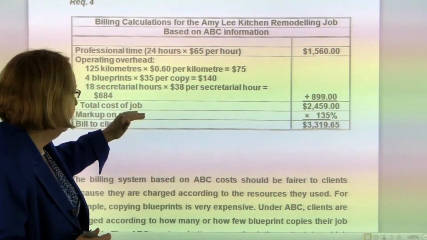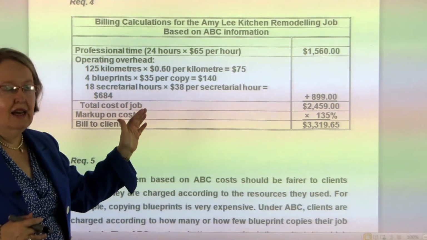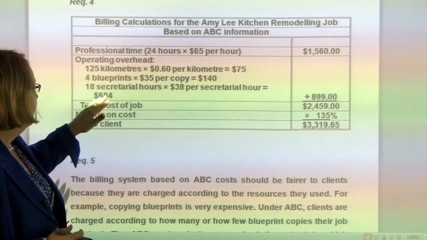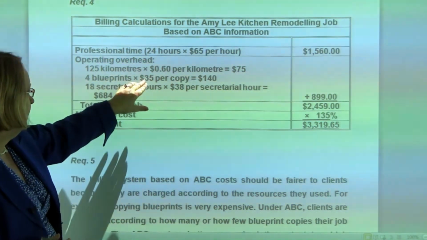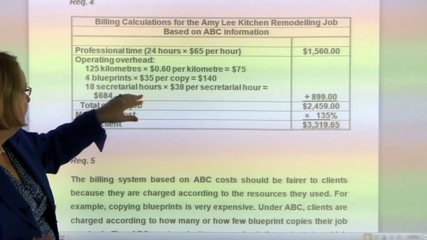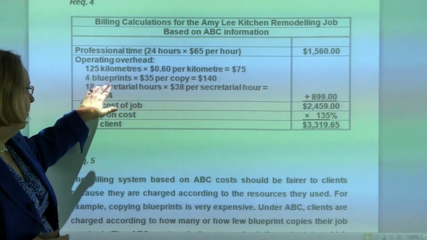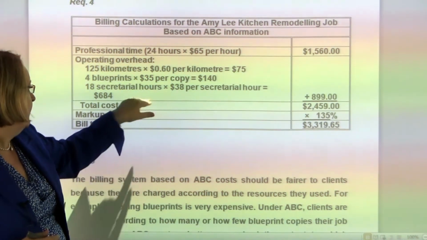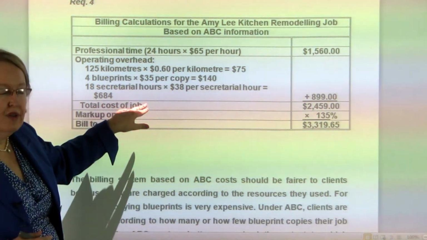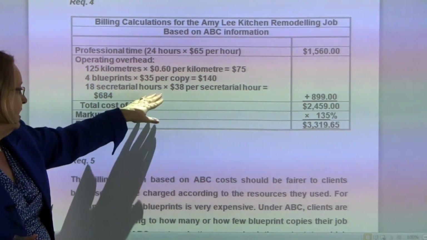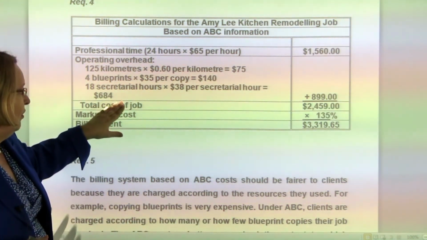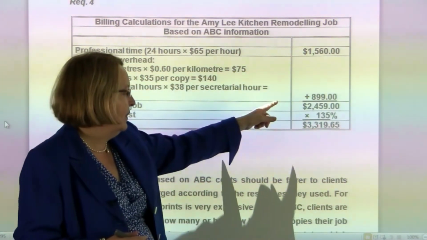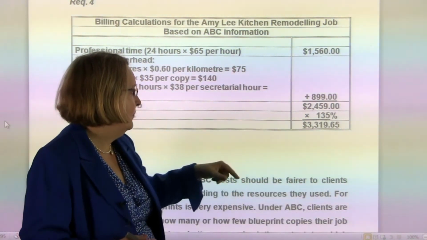So now we have 3 components for our overhead. We have the kilometers, so 125 kilometers times 60 cents, so $75. Blueprints, 4 times $35 per copy, and our secretarial hours, which is 18 hours times your $38, so $684. So the overhead allocated here will be $899.